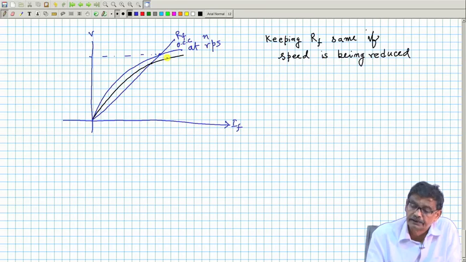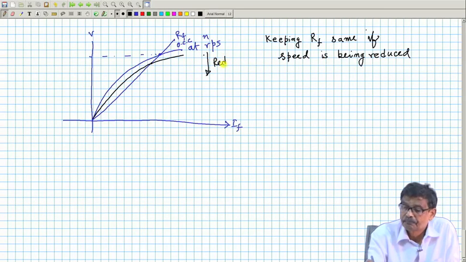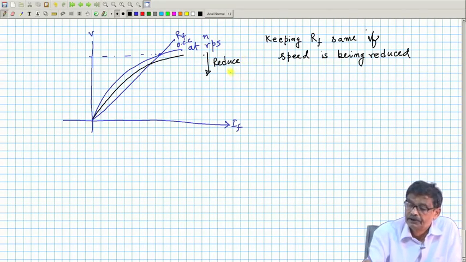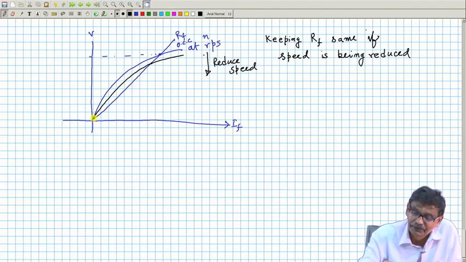We have discussed that. Now, in this way, if you go on reducing the speed, then your OCC will come here.